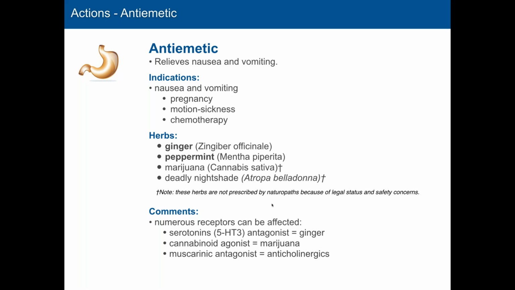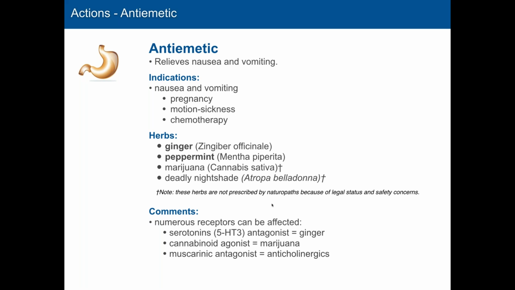Marijuana is also a great antiemetic, and so people going through chemotherapy or who have some other chronic nausea can often get relief by either ingesting or smoking marijuana. And its mechanism is different than the ginger. It works through cannabinoid receptors to relieve nausea and can also promote appetite. So for people going through chemotherapy where they have no appetite and they feel nauseous, consuming marijuana can often improve their quality of life through that mechanism.